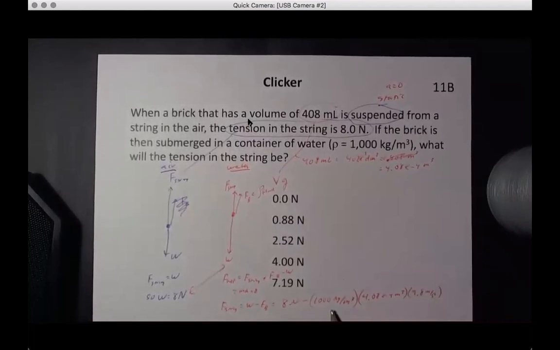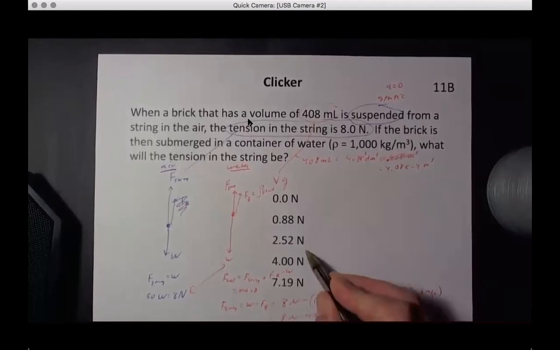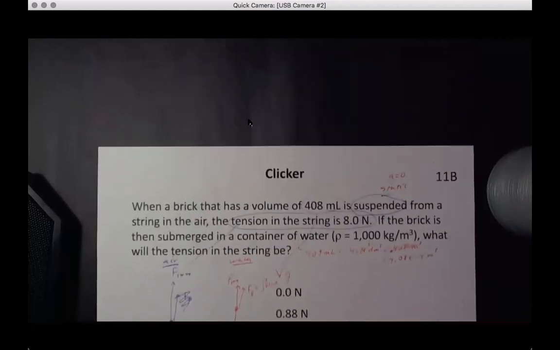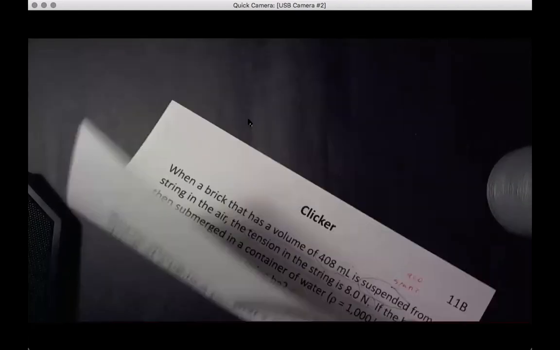Okay, and 1,000 and another 10 to the minus four gives us about 4 for this, and subtract. So this is equal to 8 newtons minus 4 newtons equals 4 newtons, and that's this one. So that is similar to what we did with our brick.